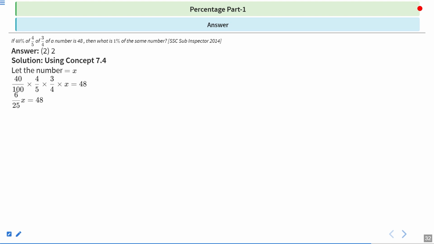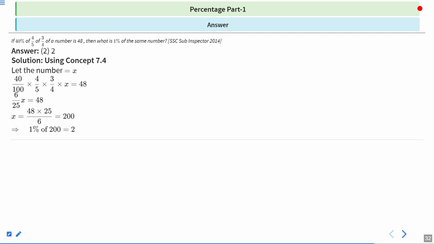When we simplify it, we get 6 upon 25 into x equals 48. Now x equals 48 into 25 upon 6, so we get the value of x, which is 200. Now we calculate 1% of 200, and we get 2. So second is the correct answer.